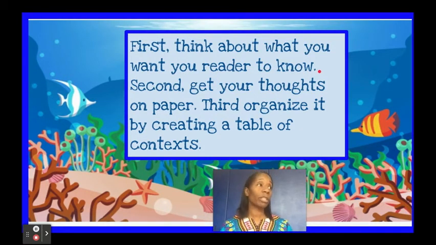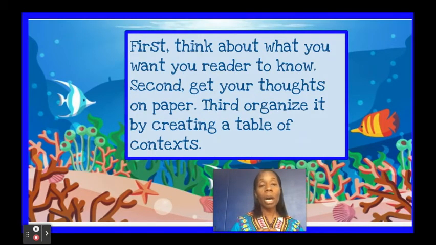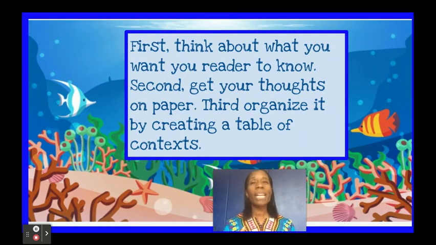So I want my reader to know that food is important to whales. I want my reader to know that whales can dive extremely deep. I want my reader to know that whales are, oh, they're enormous. That's what I want my readers to know.